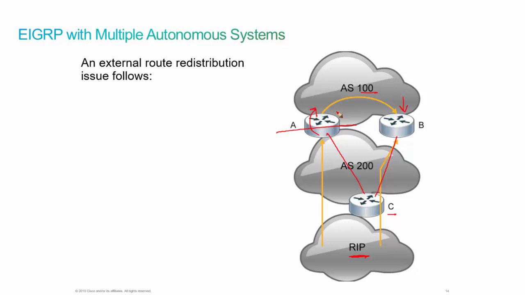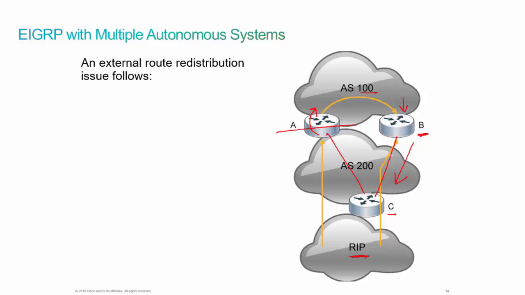Now, when we have the same route learned through different routing processes, the route that is installed first is going to be preferred. So perhaps we prefer on B the route through AS200 because we got it before router A had the opportunity to do any redistribution. So that's what it looks like passing these routes around.